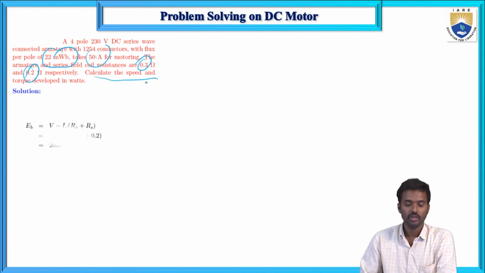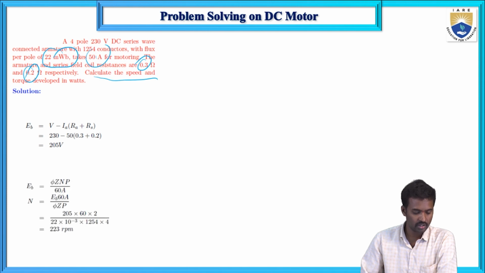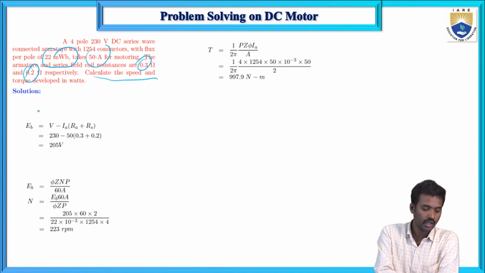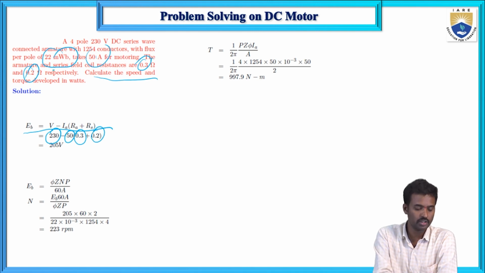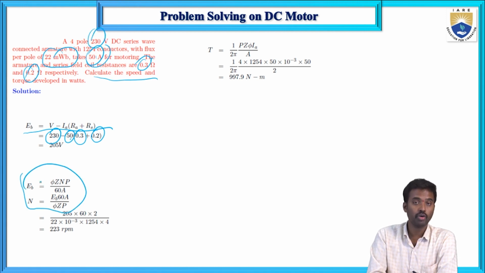We already discussed this in the previous slide. So now Eb equals V, 230 volts, minus 50 armature current into 0.3 and 0.2. From this the Eb value is 205.